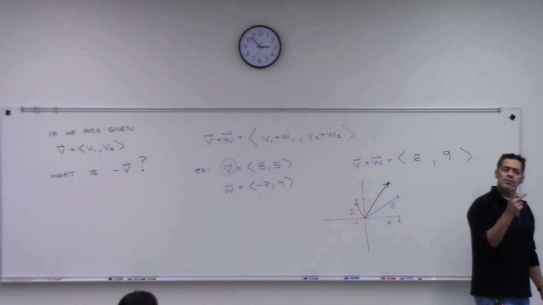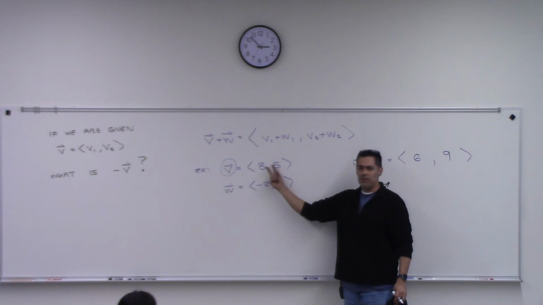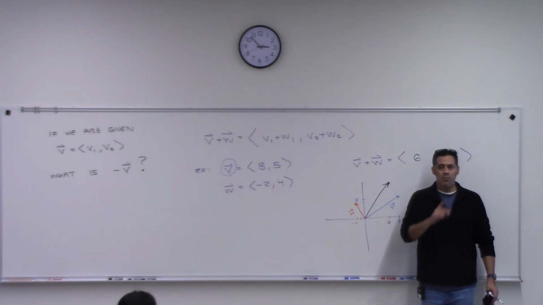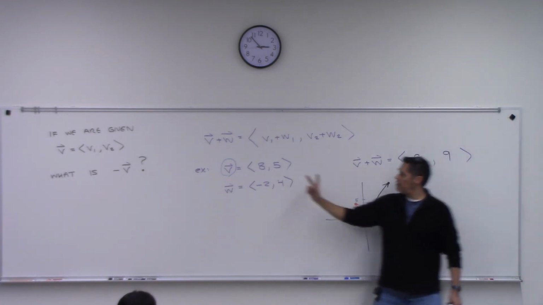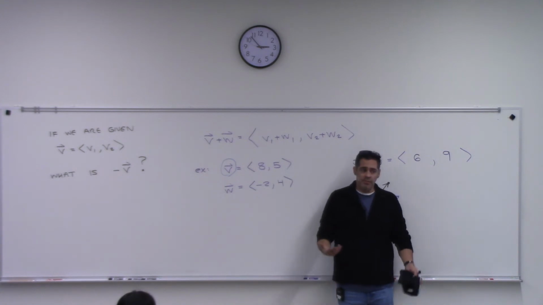Swap the components? You mean like if it's 8, 5, do you think negative makes it switch like that? Is that what you're saying? Well, that's one sort of conjecture. So maybe we switch the components. Seems reasonable to me, maybe.